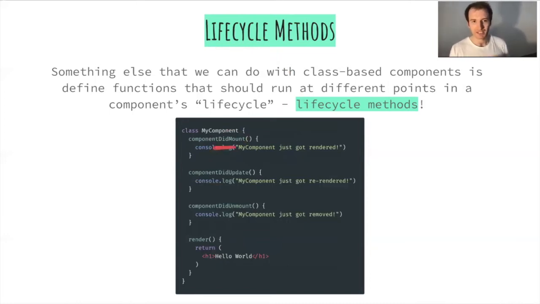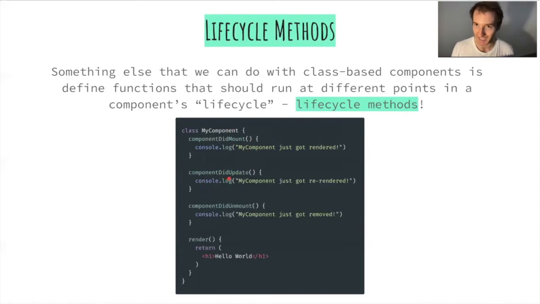So like 3 good examples here are the componentDidMount lifecycle method, componentDidUpdate, and componentDidUnmount. So componentDidMount, this will run some code, whatever code we have inside of these curly brackets, when the element first gets put onto the screen.